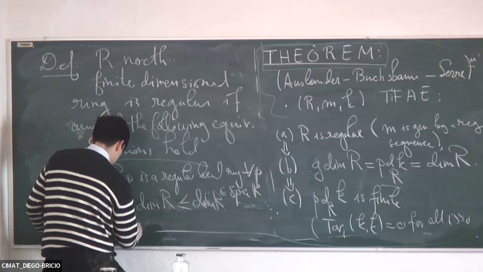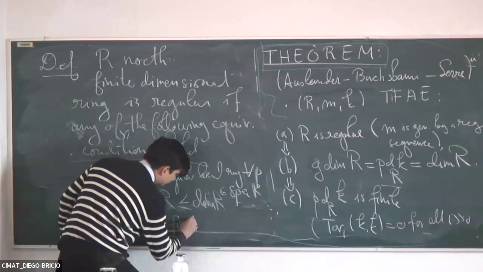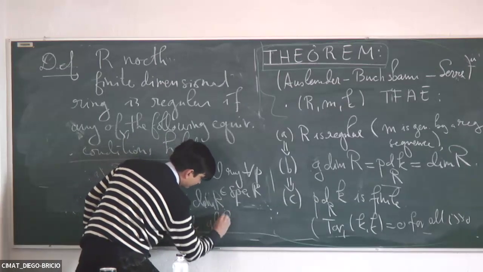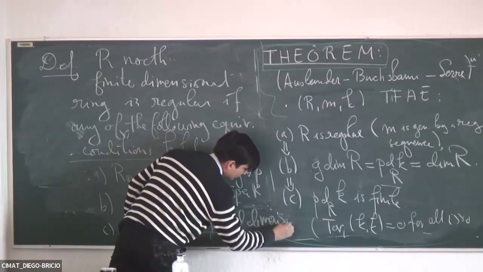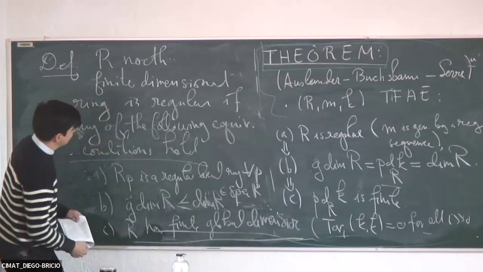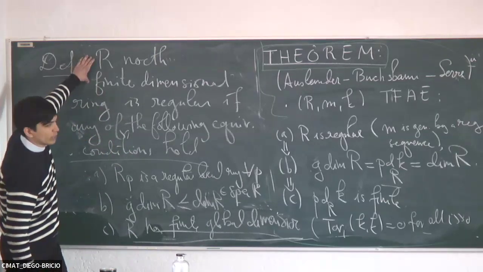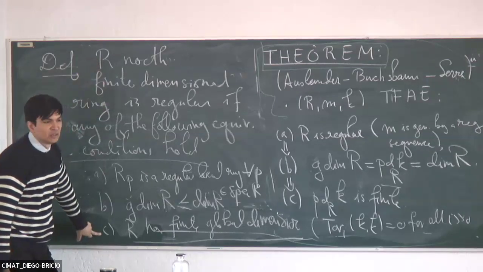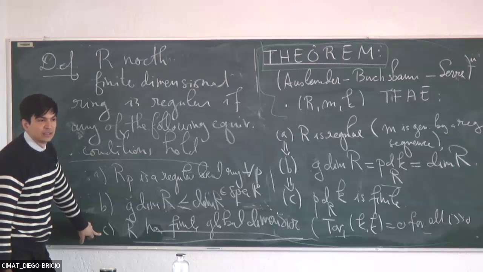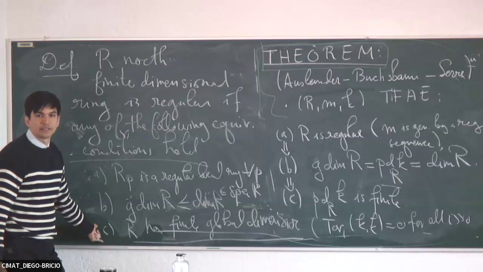And C, R has finite global dimension. And what I was saying earlier is that these two conditions require these two hypotheses for them to make sense. However, C doesn't require that. So if you want to drop these two hypotheses, you can say the definition of regular is C.